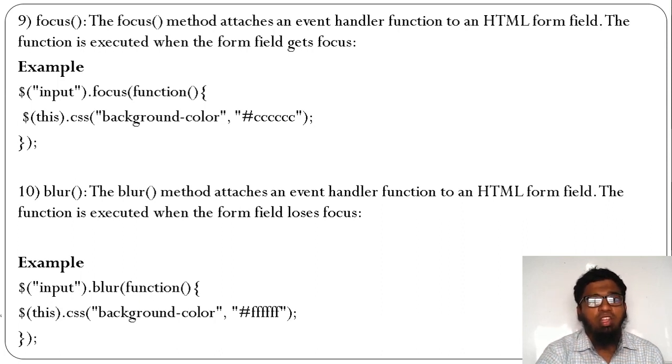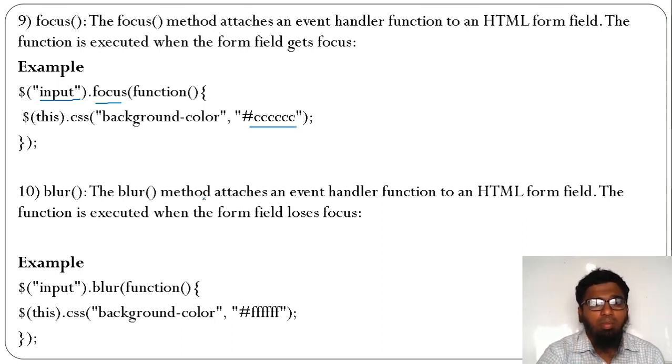Here you can see the example: $(input selector).focus(function(){ $(this).css(background-color, ...) }). So we are getting the focus and changing the color from the CSS. This also you can do within HTML using jQuery.